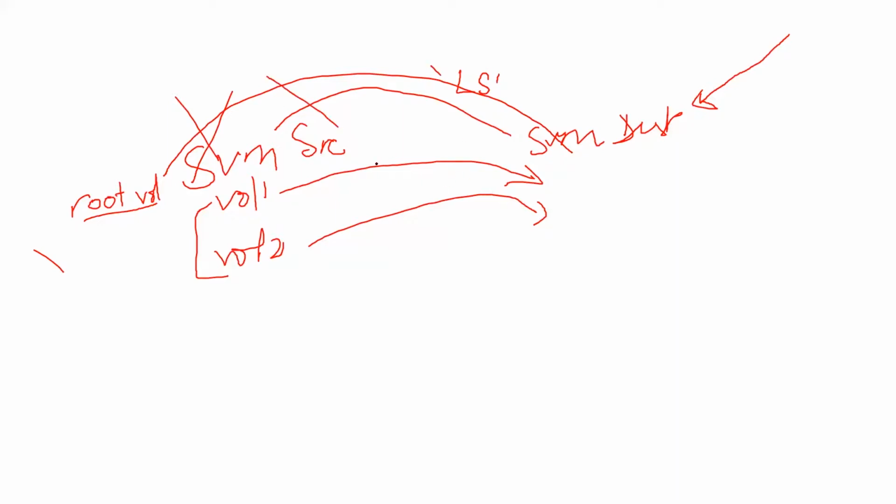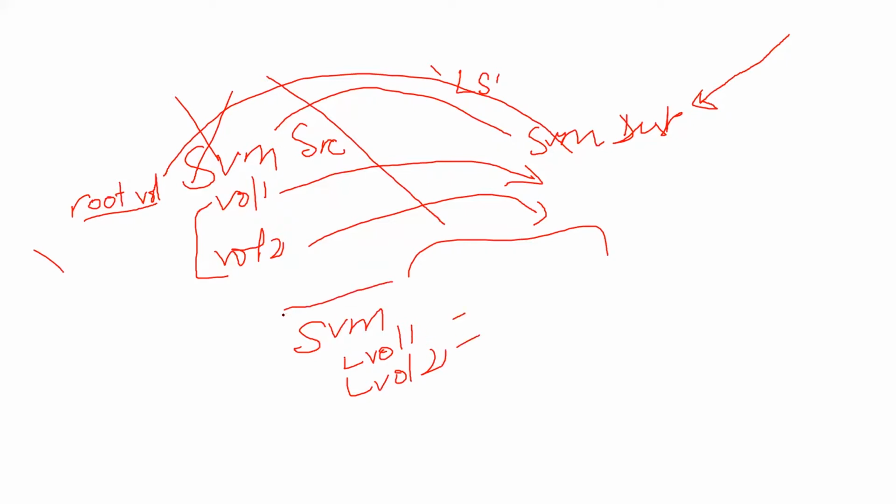Nowadays, you don't have to worry about this if you are planning to mirror all the volumes in an SVM to the destination. I would suggest not doing it per volume, but rather mirroring the entire SVM. Lots of people don't know it, but just for your knowledge, you can mirror an entire SVM.